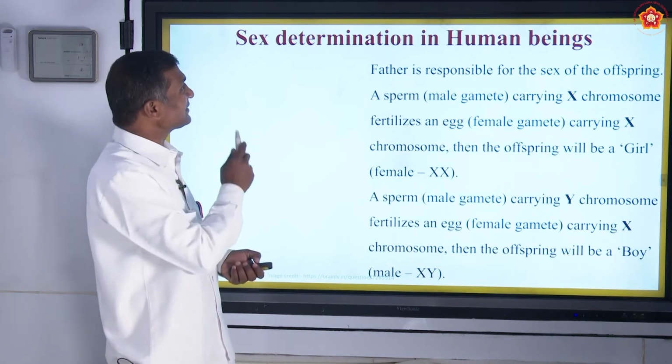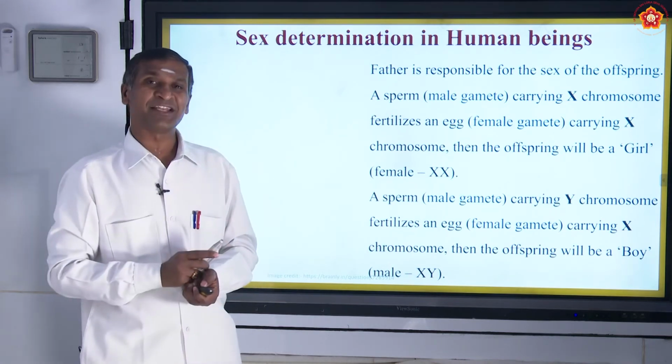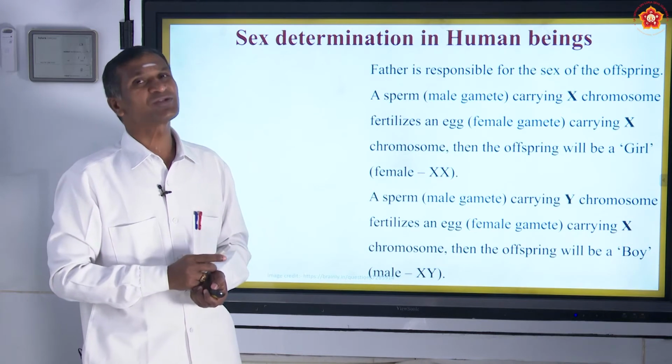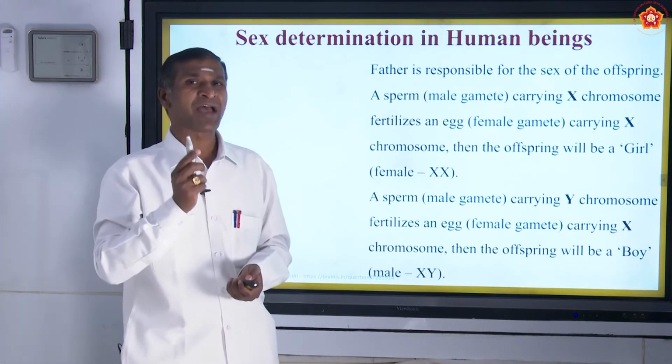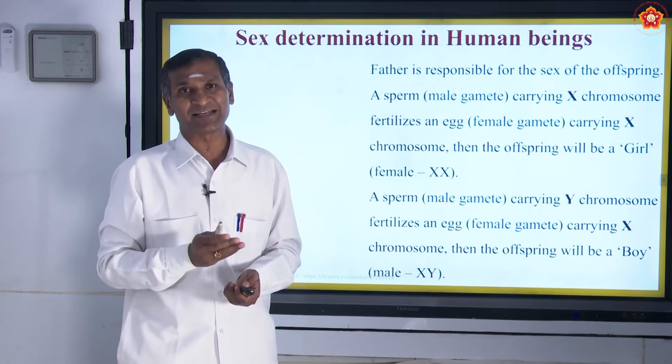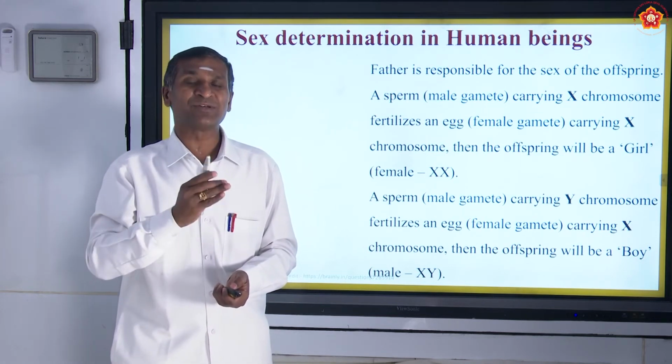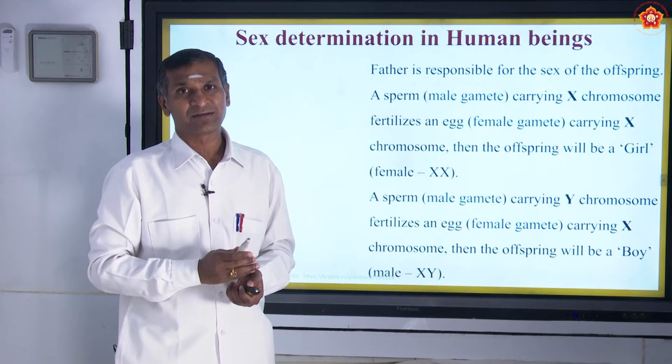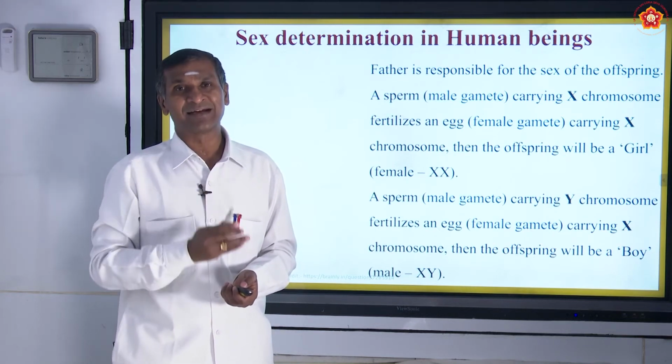Now, sex determination in human beings. Most of the times you might have heard many stories, or you have a practical experience in your own family members or relations, or through mass media and current affairs.